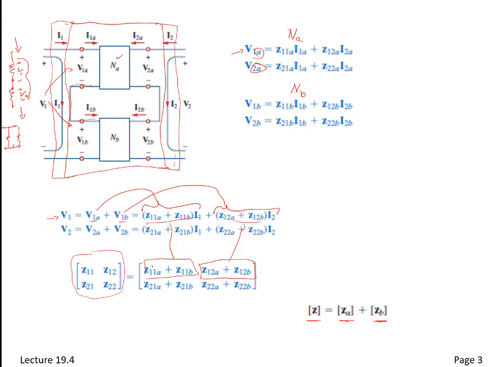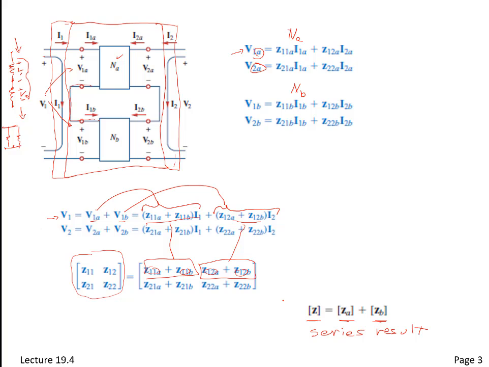Notice the 1,1 and 1,1, 1,2 and 1,2. It's not 1,1 connecting with 2,1 or anything like that. It's just straightforward. That's the series activity, and this is series notation. The sum of impedances is what you do in series.